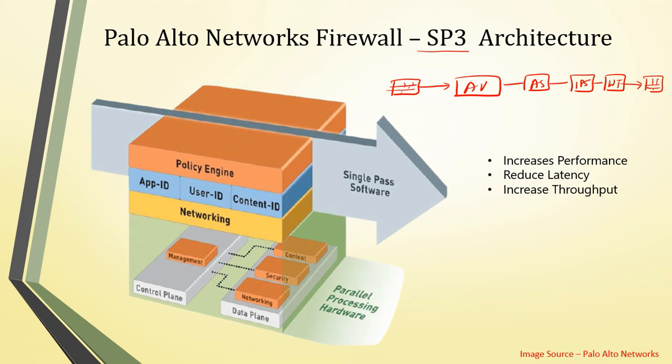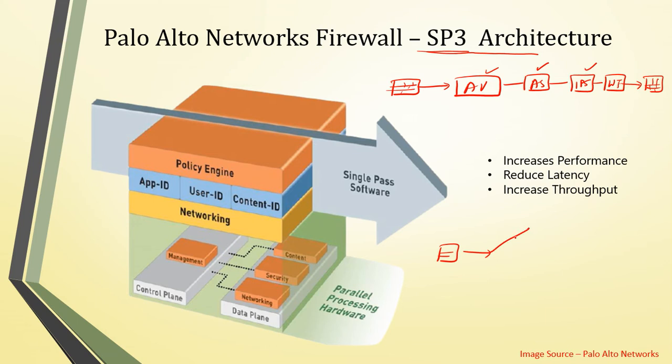But all these engines will have some latency, like AV will consume some time, anti-spyware scanning will consume some time, IPS scanning will consume some time. So latency will be added. But Palo Alto comes with the SP3 architecture. Now suppose this is a particular packet coming to the firewall.